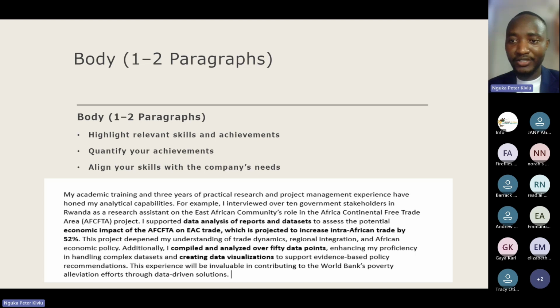And here I'm going to call, I don't know if their microphone is enabled, but Barak, if you can hear me, I would love you to read this paragraph, starting from my academic training. Can you hear me? Yes, please. You are very much audible. I'd love Barak to read this part.